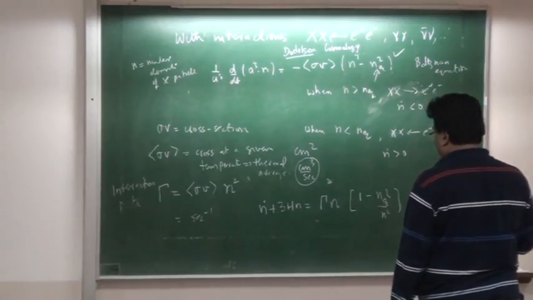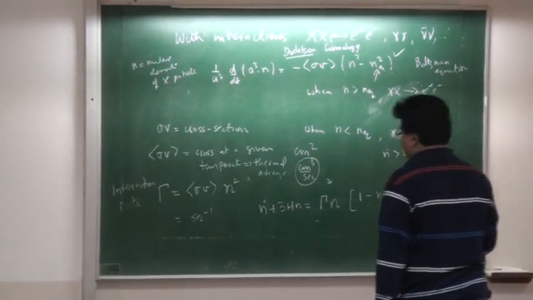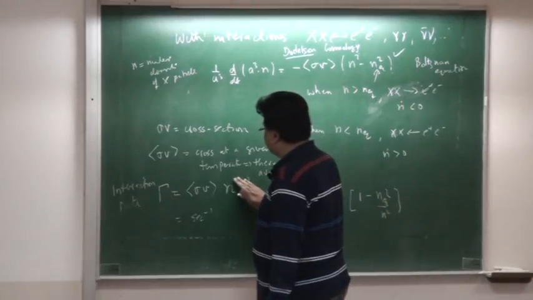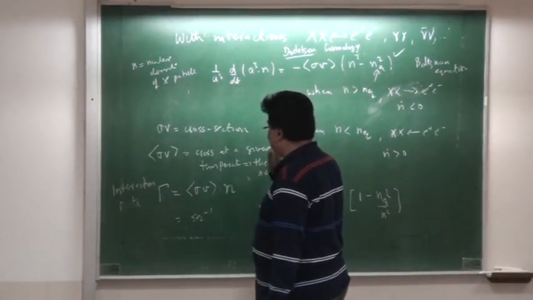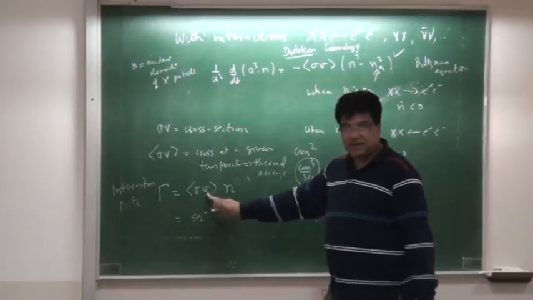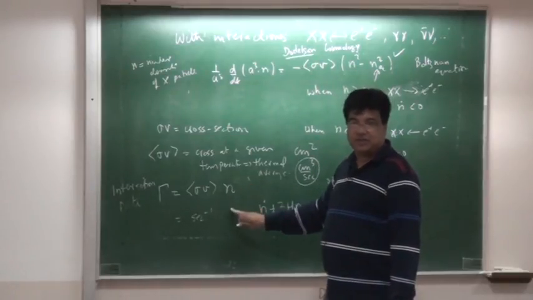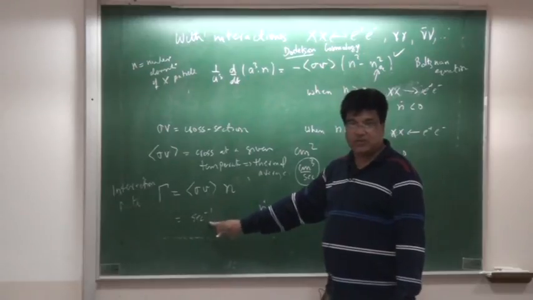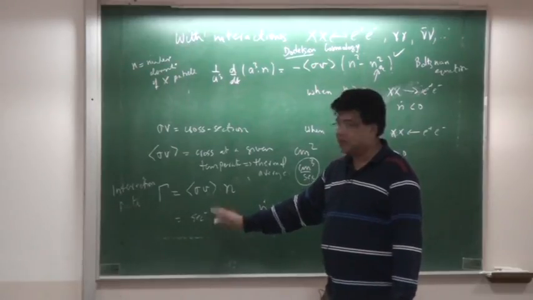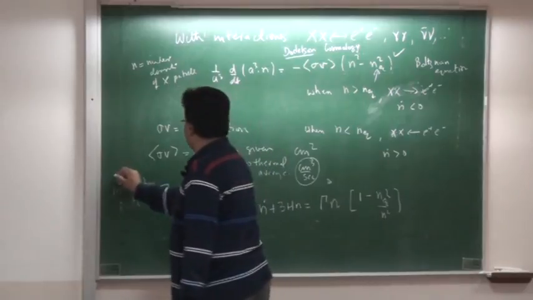Sorry, this is centimeter cube per second multiplied by 1 upon centimeter cube. That should give you per second. So sorry, this is the interaction rate.